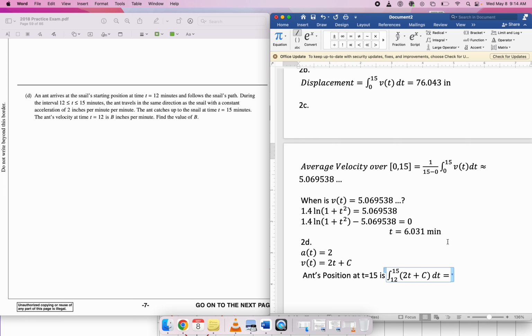And that needs to be equal to how far the ant goes over this time interval. And that displacement needs to be the same as the snail's displacement, right? Over the entire 15-minute interval, which we have here, the 76.043.